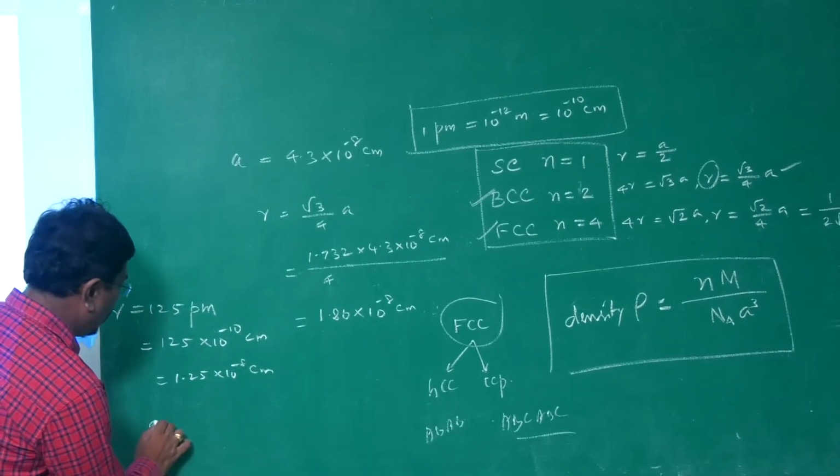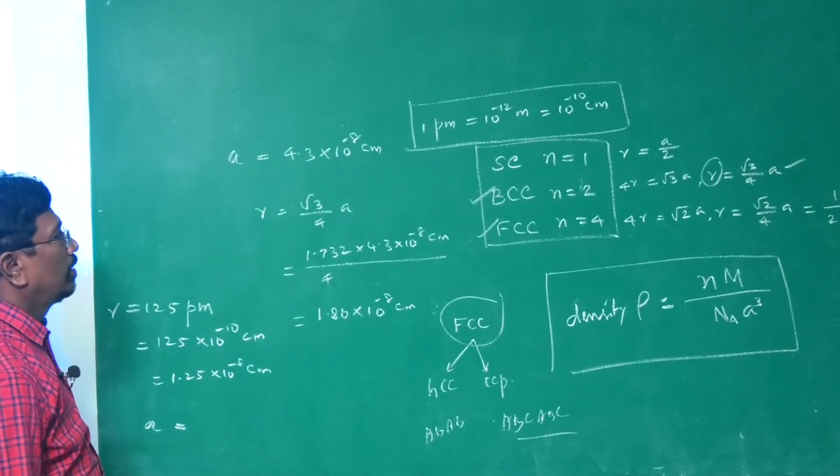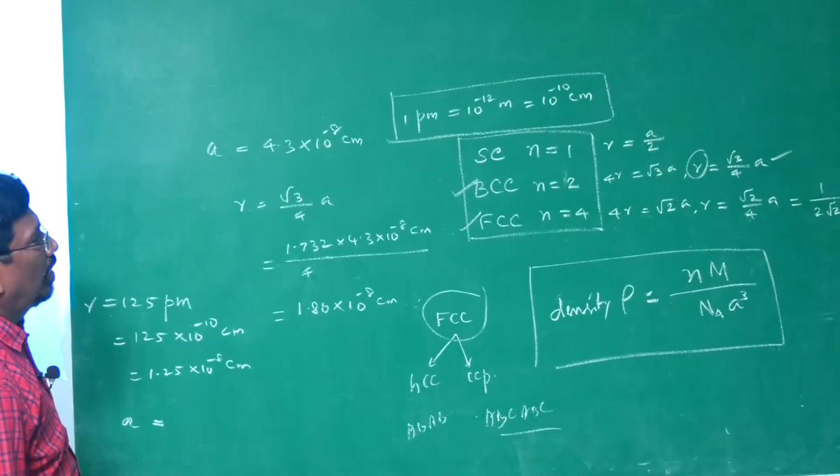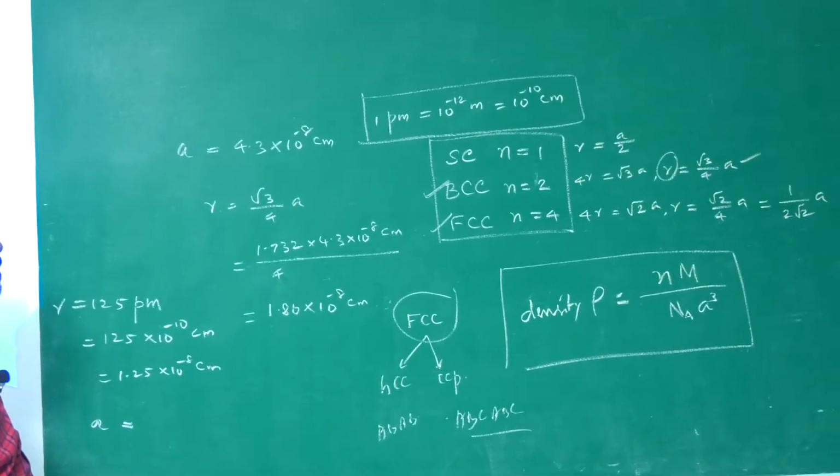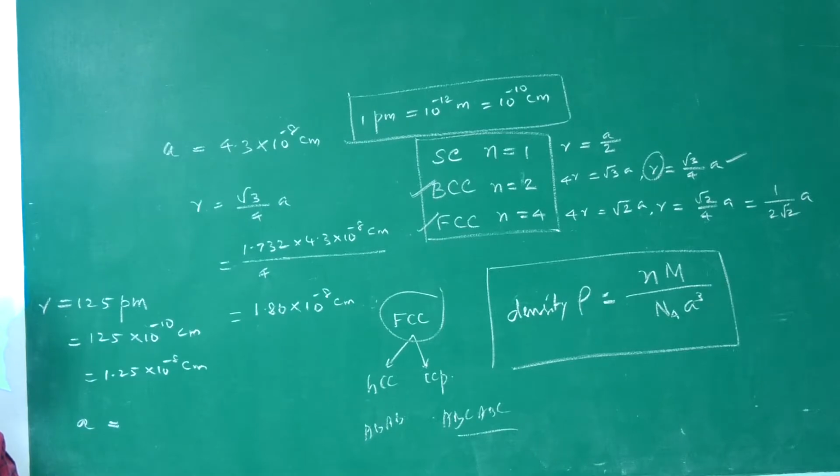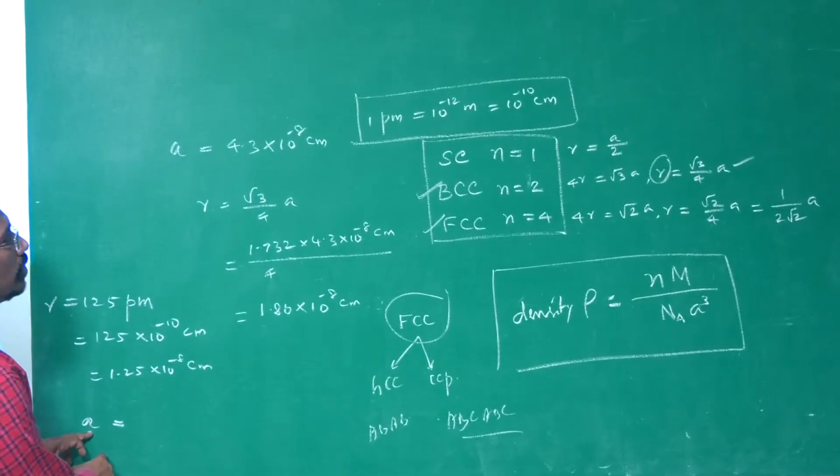So, A is equal to... For FCC, R is equal to A by 2 root 2.